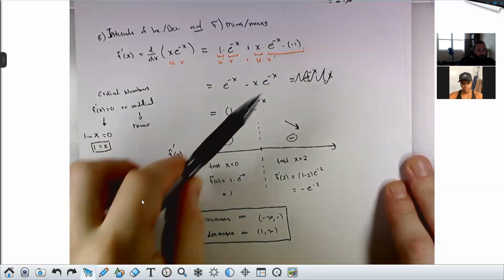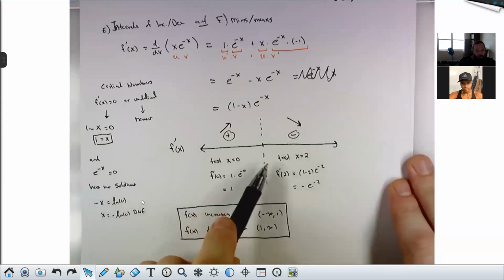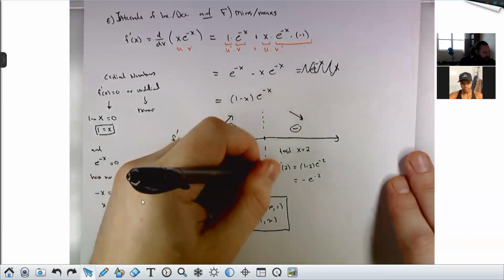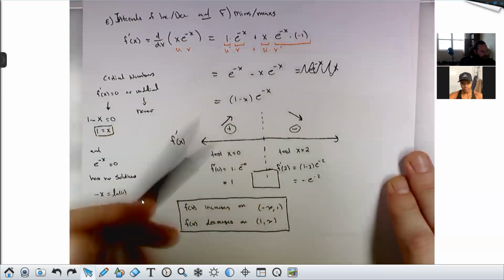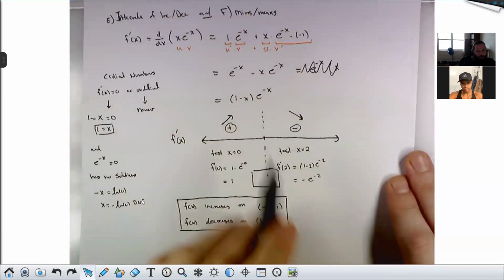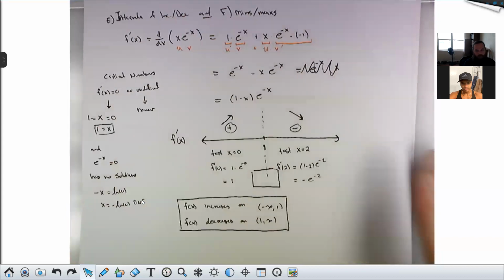If I'm increasing, then decreasing, what must be going on at 1? If I'm going uphill, and then downhill, what kind of feature exists on the graph at x equals 1? Local maximum. Yeah, it's a local max.